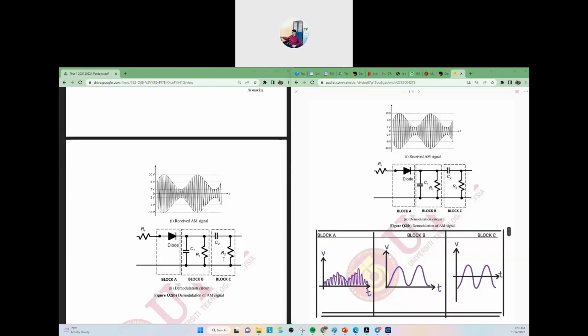Yes, the capacitor will discharge too fast, correct? That is the process. Good. What happened after that? When it's discharged too fast, what happened to the shape?